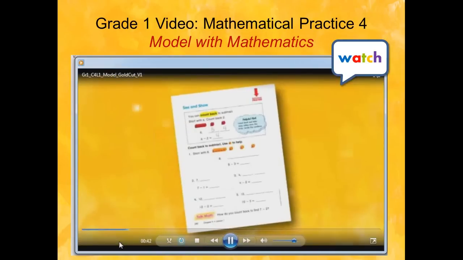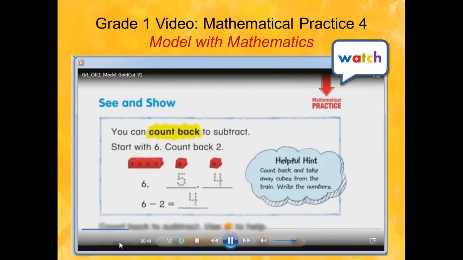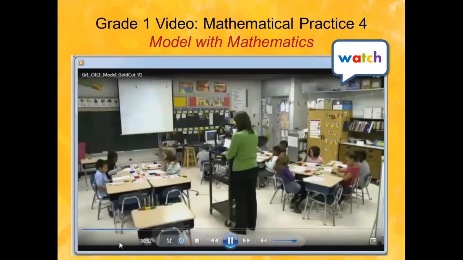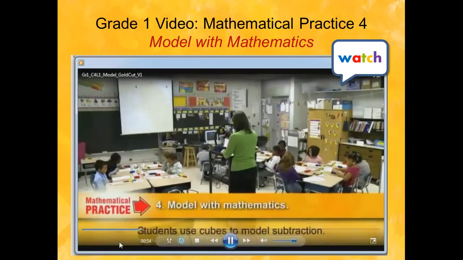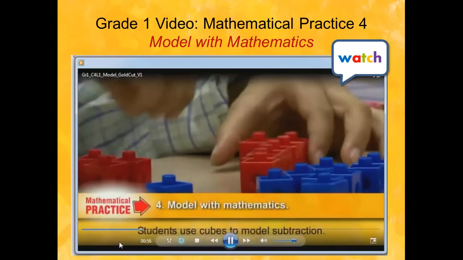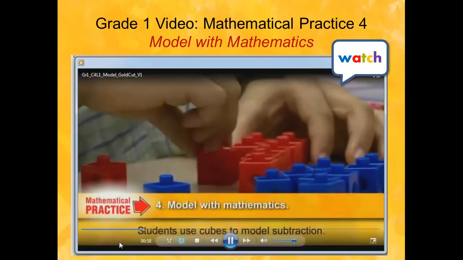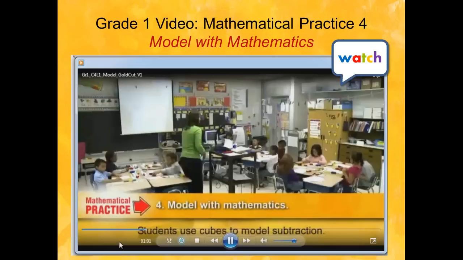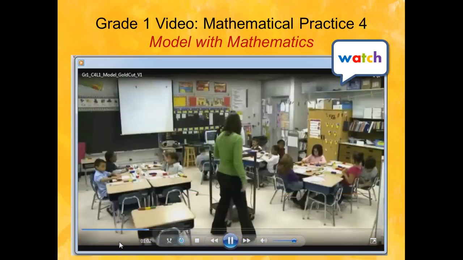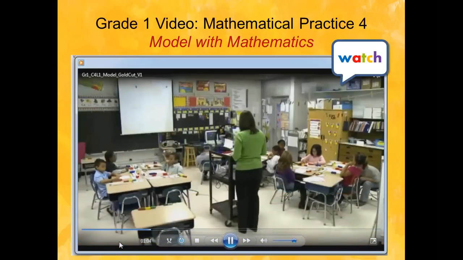We're going to work on this side together. At the top it says see and show. It says you can count back to subtract. Start with 6. So let's use 6 cubes. Let's use 6 reds. So now I have 6, and I want to count back 2.